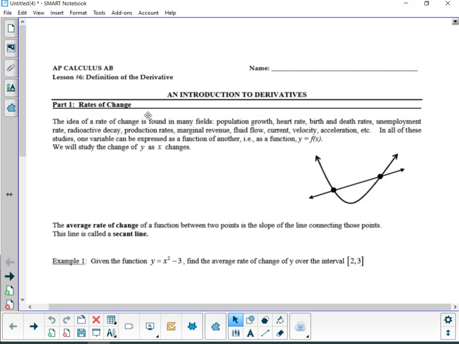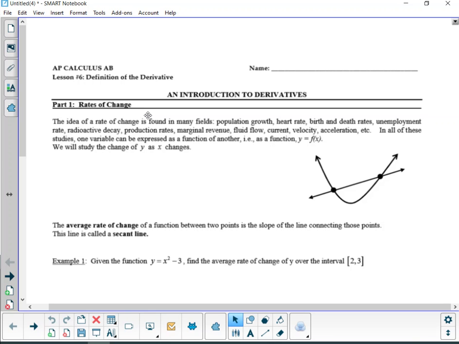We're going to talk about where the derivative comes from, what it really represents. There are a lot of shortcut techniques to find derivative functions, but all of those come back to one basic concept of the derivative. And the derivative is, in fact, a limit. Hence the reason we do limits first.